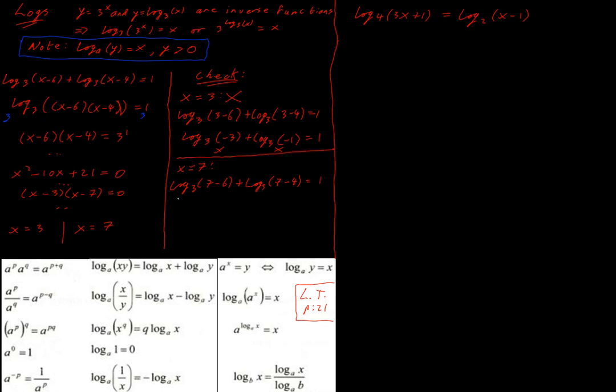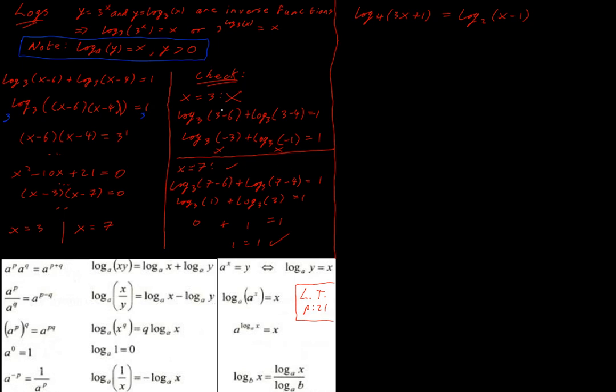I end up with log to the base 3 of 1 plus log to the base 3 of 3 equal to 1. What power of 3 gives me 1? 0. What power of 3 gives me 3 to the power of 1? 1. So 1 is equal to 1. So x is equal to 7 is a valid solution.